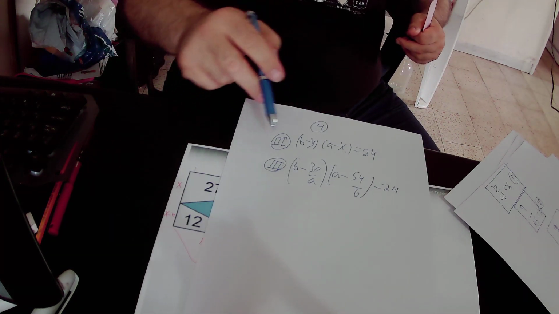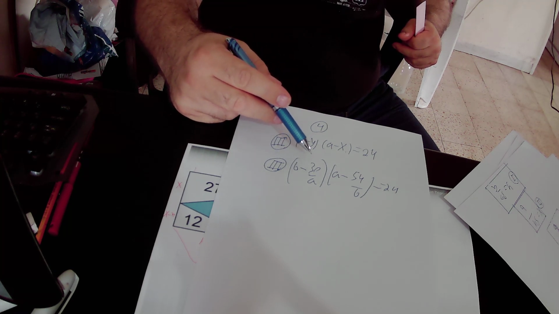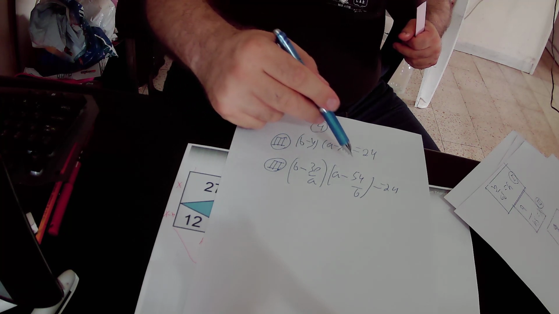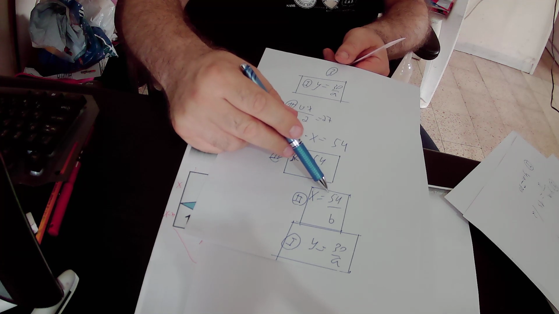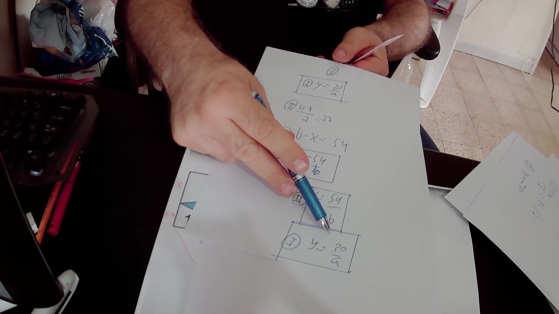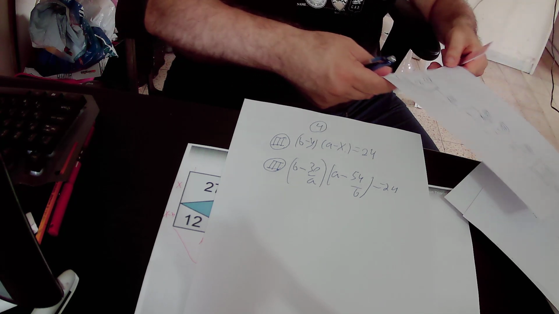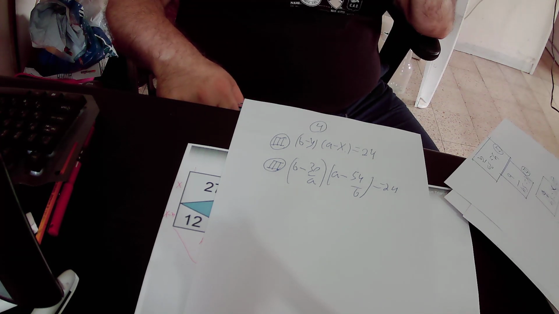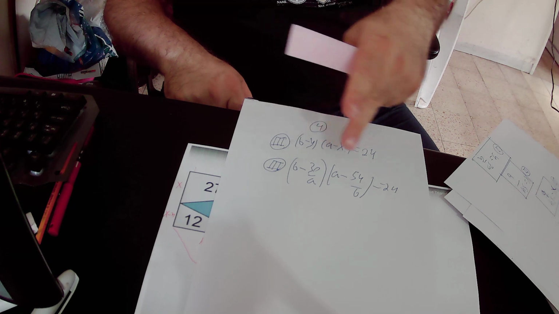You can see here we substituted y by 30 over a and x by 54 over b, because x equals 54 over b and y equals 30 over a. So we can do the substitution. Okay, in the next step we will open the brackets in the third equation.